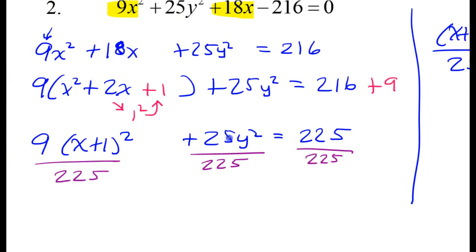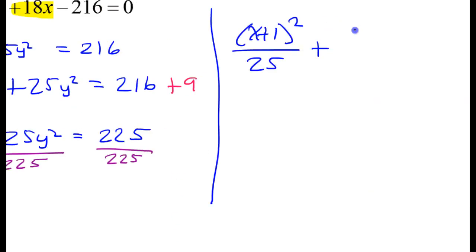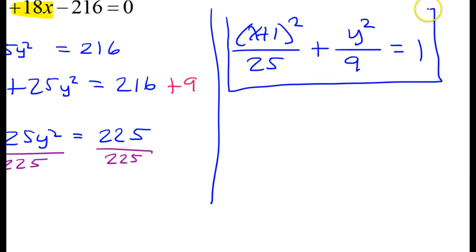Okay, and of course that means 25 goes into 225 9 times. So this will just be y squared over 9, and this is going to equal 1. So this is the standard form equation of this ellipse.